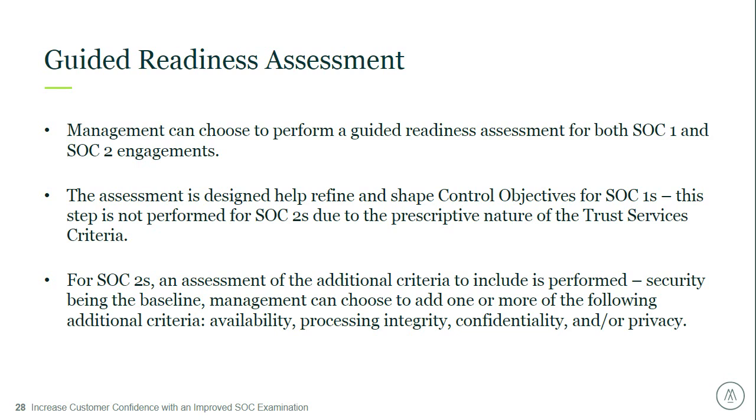Management can choose to perform a guided readiness assessment for either the SOC 1 or SOC 2 report. Many times, service organizations will engage the actual firm that's going to perform the ongoing audit to perform the readiness assessment. The assessment is designed to help identify the control objectives for a SOC 1 report.